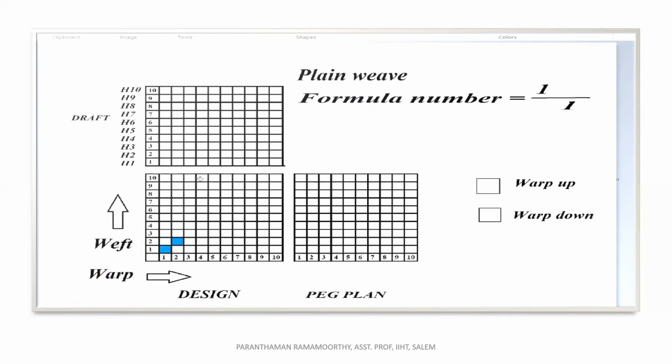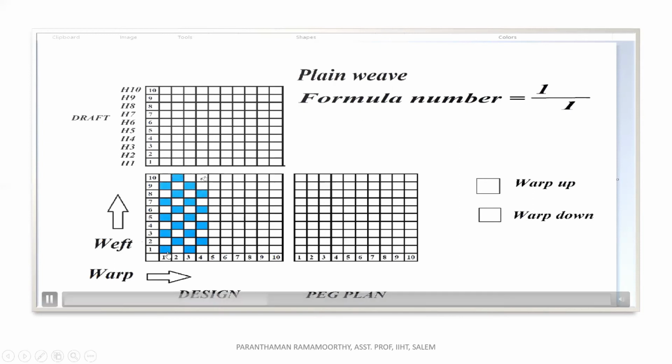Marking one warp up in the first end and one warp up in the second end, in alternate order, these two ends and two picks are the basic design of this weave.